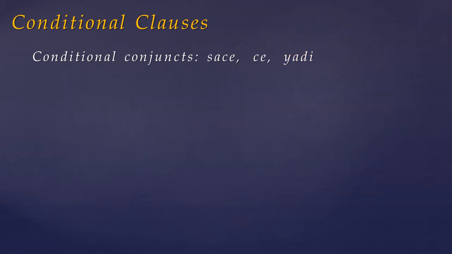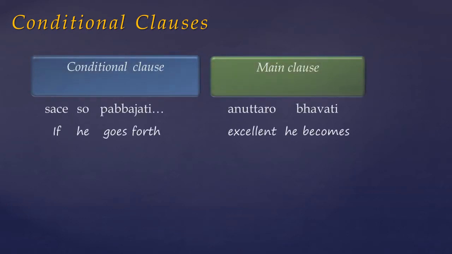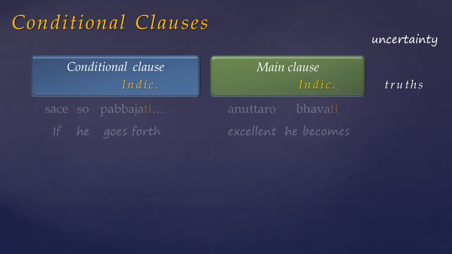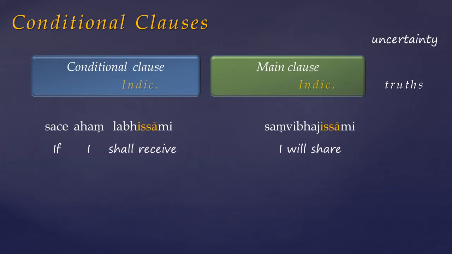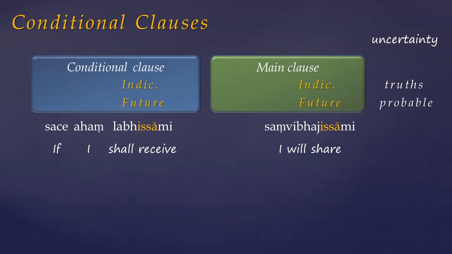Okay, now conditional sentences in Pali can be grouped by the degree of uncertainty expressed by the mood of the verbs. For instance, when the condition and the consequence are expressing a certainty, the verbs in the two clauses are usually in the present indicative mood. If there's some uncertainty, but it's probable, often the future tense is used.